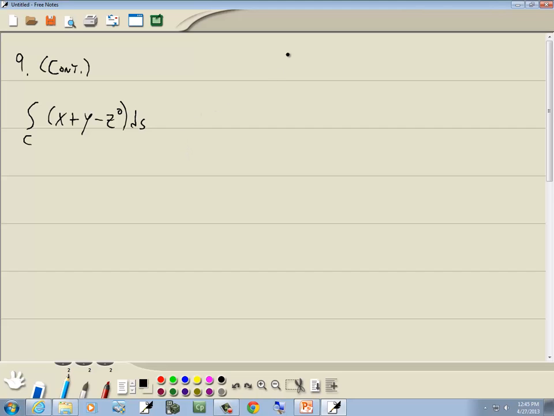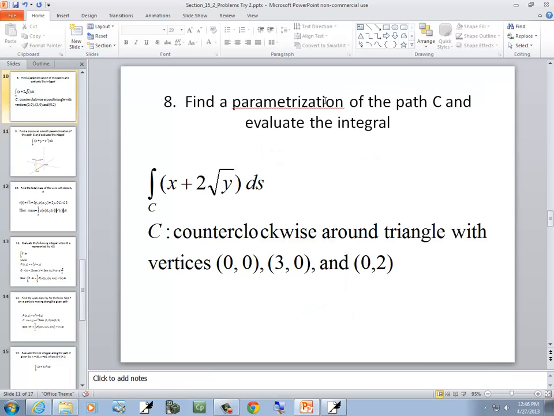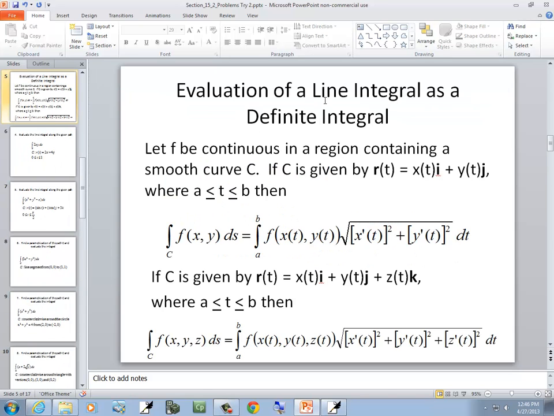And then we're working with segment 1, which was r of t is equal to 3ti from 0 to 1. Go back to our formula. Well, we need a and b, which we've got.